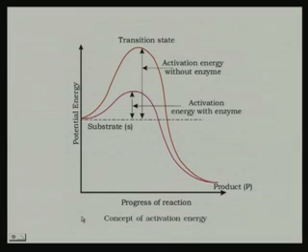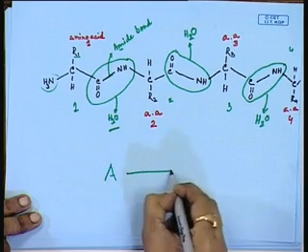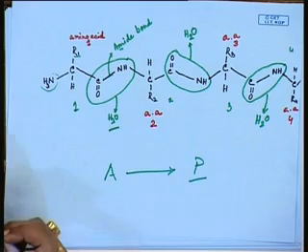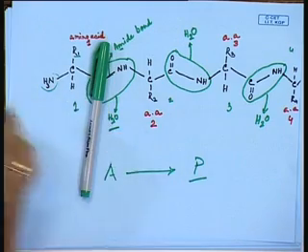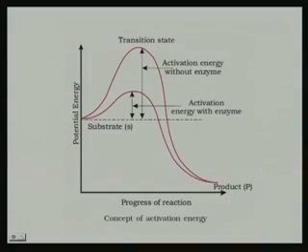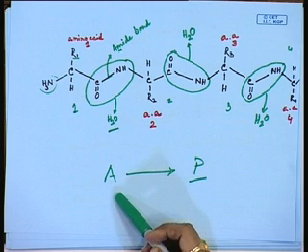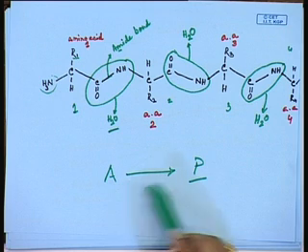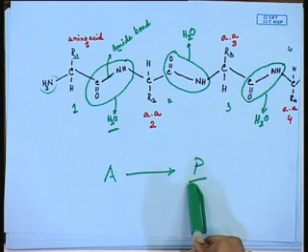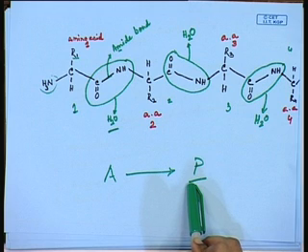Now, if we consider any chemical reaction in which A gives the product P, it takes place because a certain fraction of the population of A molecules gets enough energy to attain the activation condition called the transition state.